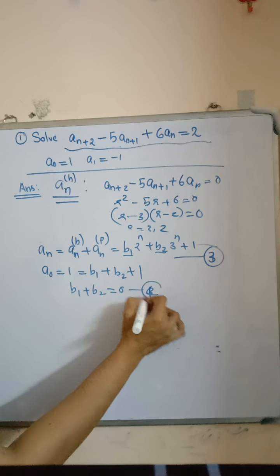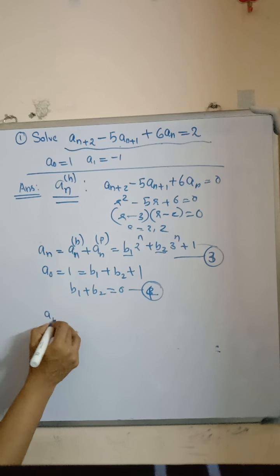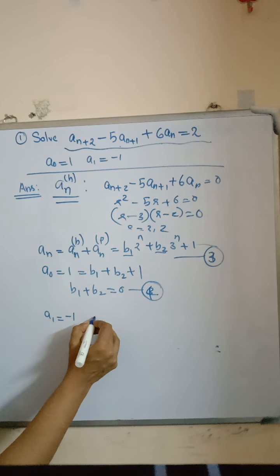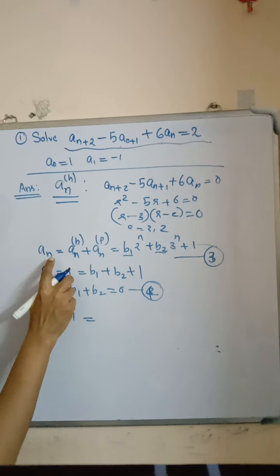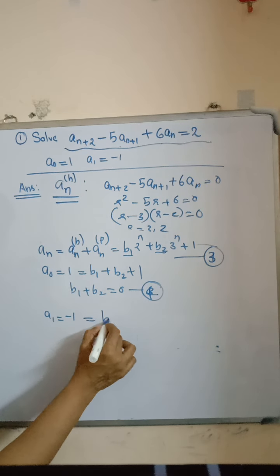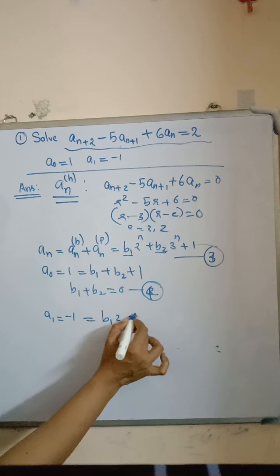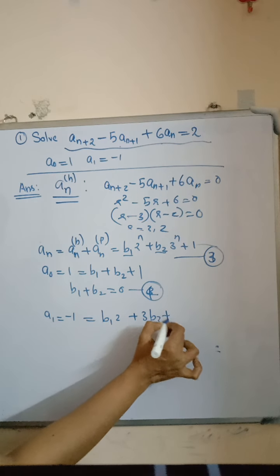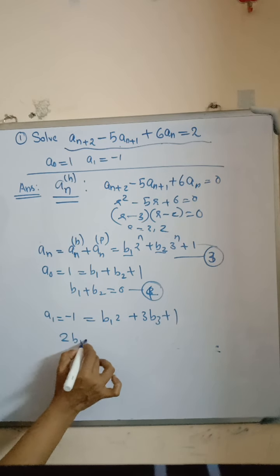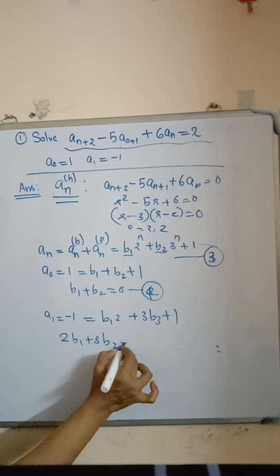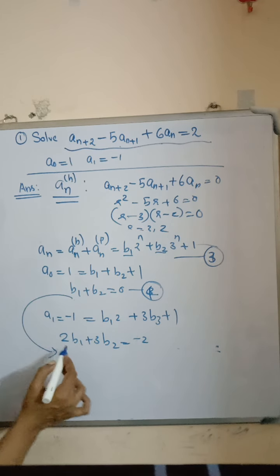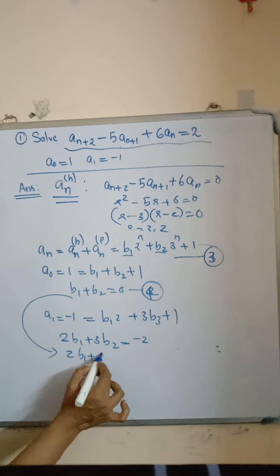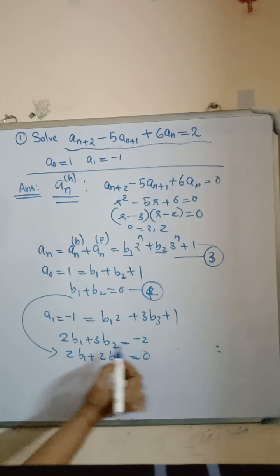That's equation number 4. A1 is equal to minus 1, therefore it is 2B1 plus 3B2 plus 1, so 2B1 plus 3B2 is equal to minus 2. Multiplying equation 4 by 2, we get 2B1 plus 2B2 is equal to 0.